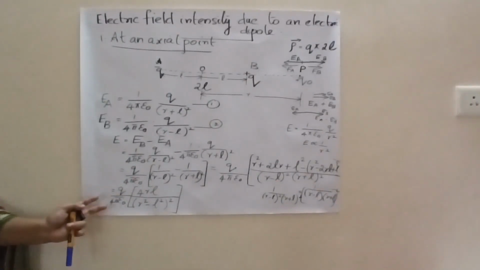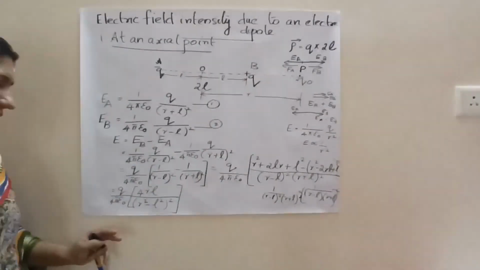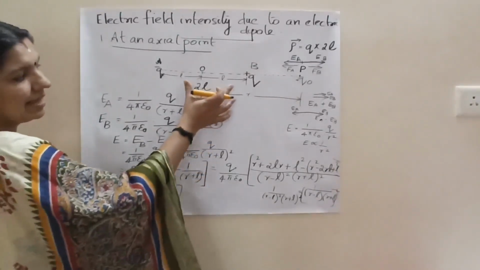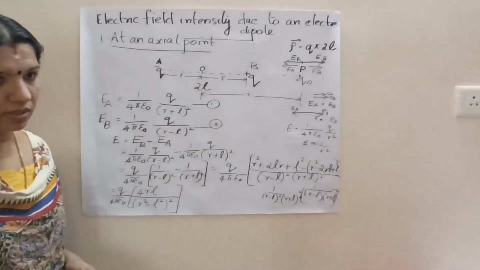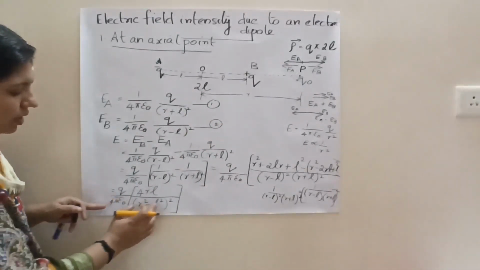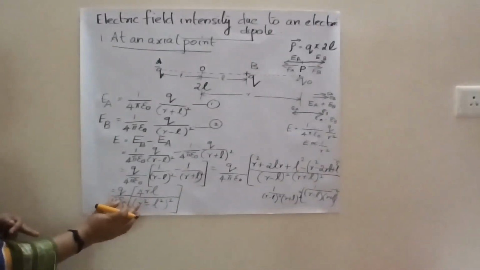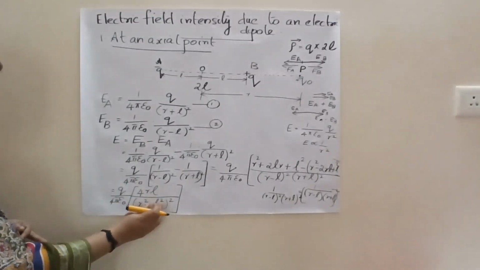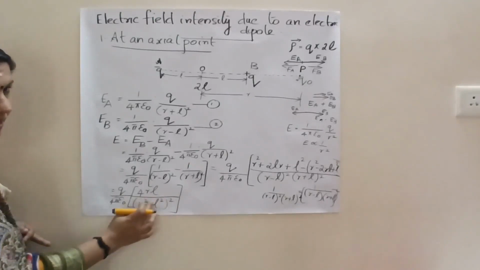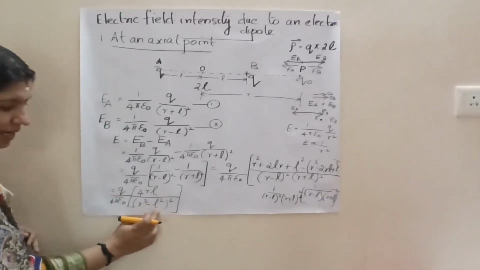But here we have to apply one condition. The case is, if we are taking the length of the dipole as very short, in this portion the L square will get neglected.